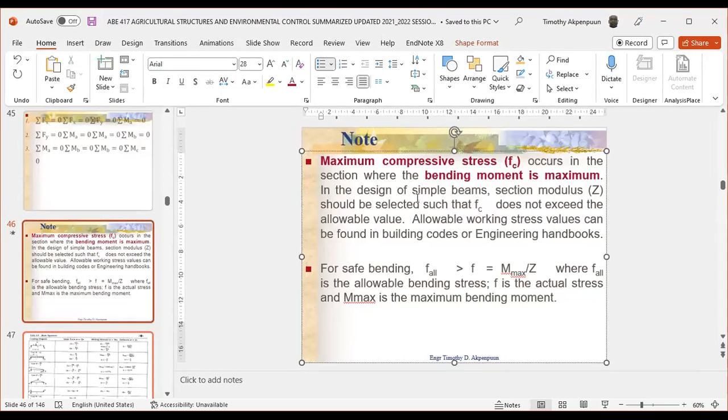In the design of simple beams, section modulus Z should be selected such that FC does not exceed the allowable value. Allowable working stress values can be found in building codes of engineering. Yes. You have that in the note.